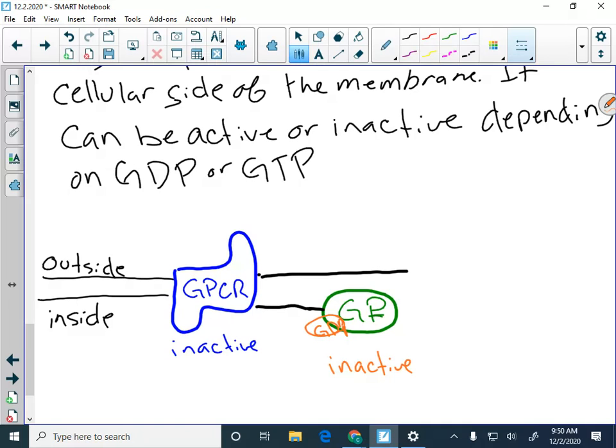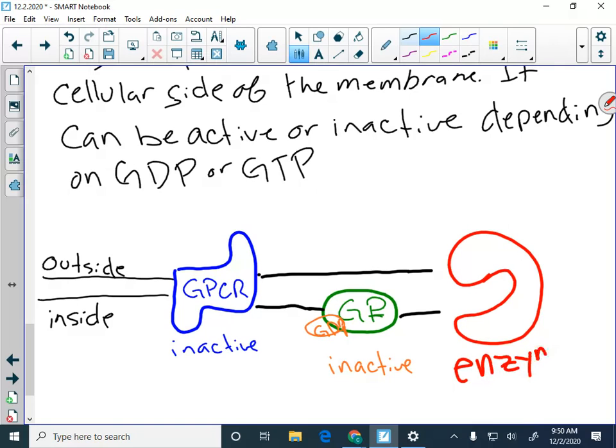So we have our receptor, we have our G protein, and finally we have this, our enzyme. It is also inactive.